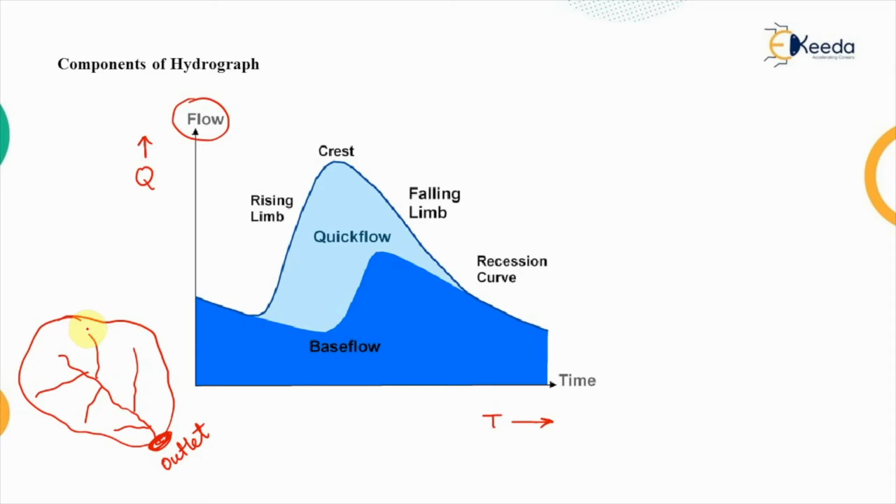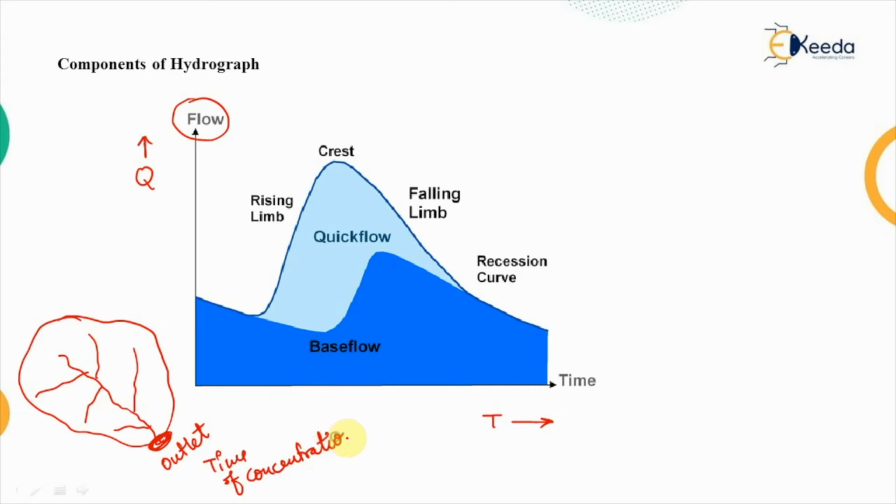Now there is a particular term that is involved with the time taken by the water from the remotest point, or from the farthest point. That means the point which is situated at the maximum distance from the outlet point, the time which will be taken for the water droplet to come from that point and to reach the outlet, that particular time period is known as the time of concentration.